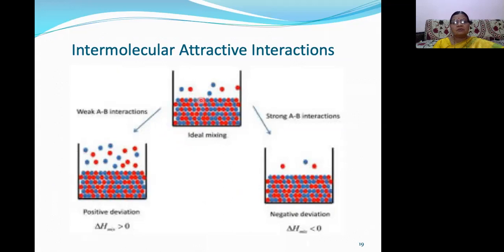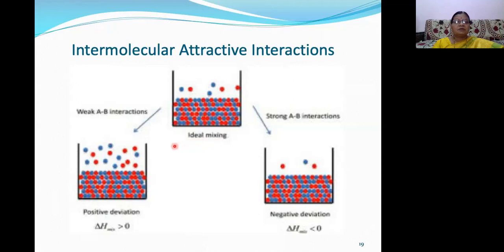That is solute-solute particle, solvent-solvent particle, and solute-solvent interactions. They have nearly the same magnitude in case of ideal solution. But in case of non-ideal solution, I will just discuss here the distinguishing points.